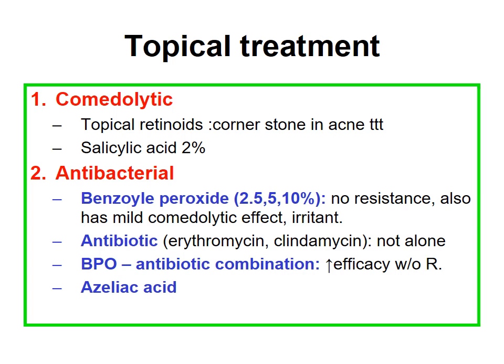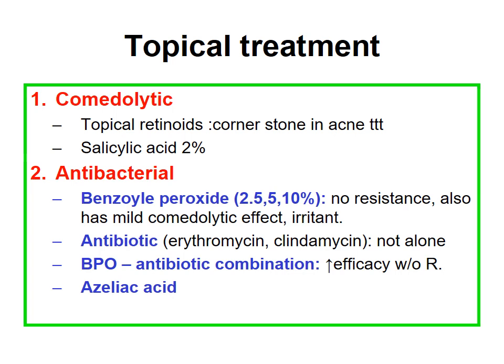Topical treatment, comedolytic: topical retinoids are the cornerstone of acne treatment, plus or minus salicylic acid 2%. So the cornerstone of treatment of acne in topical lines is topical retinoids.